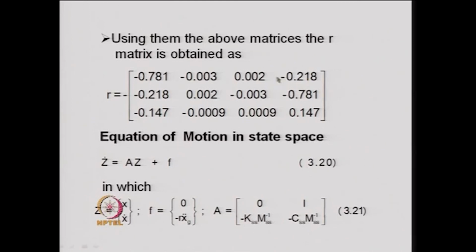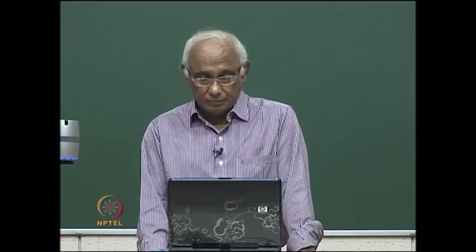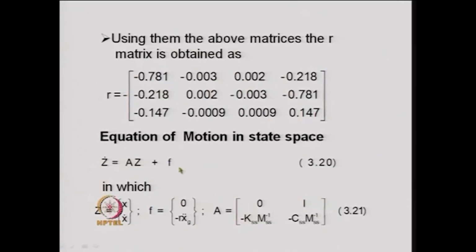Next we see how we can convert these equations of motion that we had written for the multi-degree freedom system with the R coefficient matrix on the right hand side.